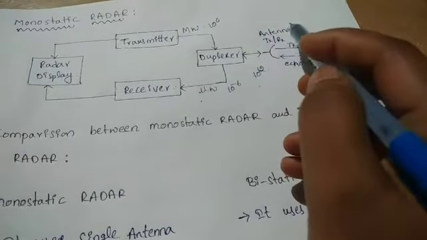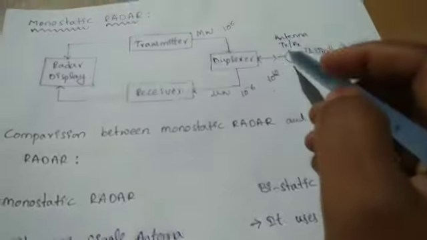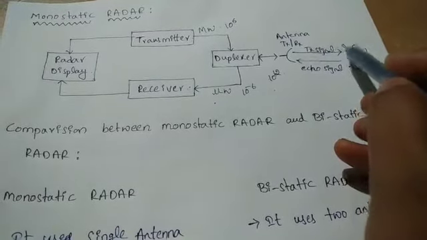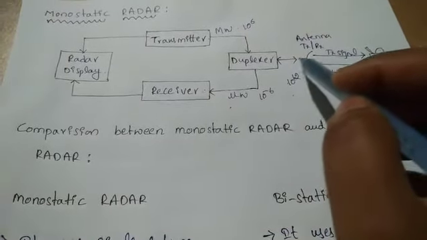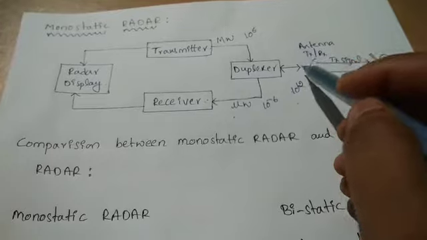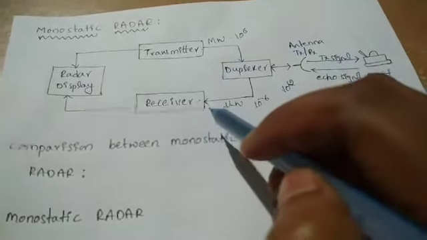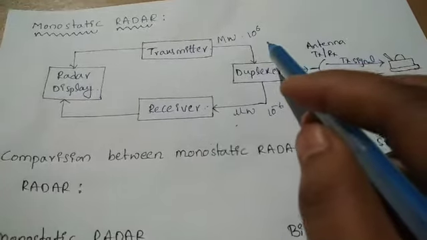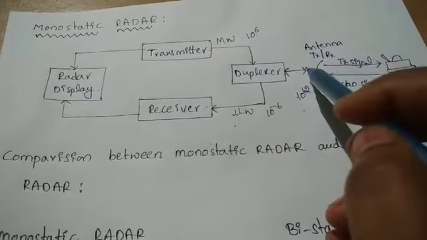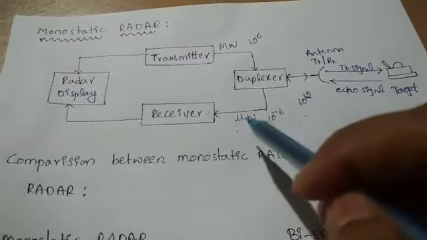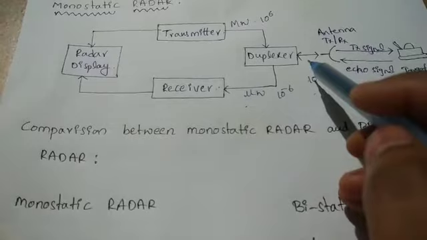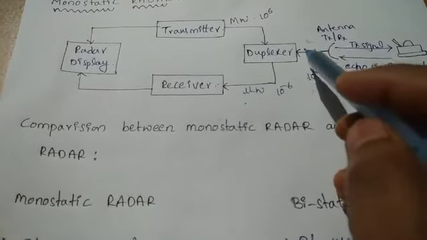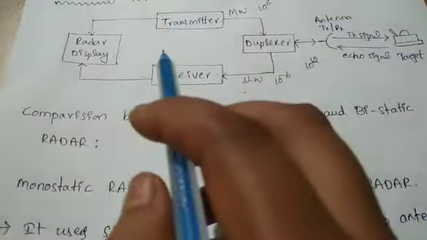The duplexer provides bidirectional communication with the transmitter and receiver, where the transmitter sends the signal and the receiver receives the echo signal. So this is the case with the duplexer and with the monostatic radar system.